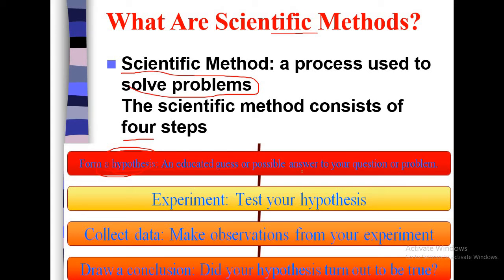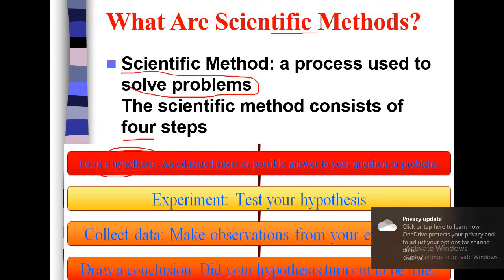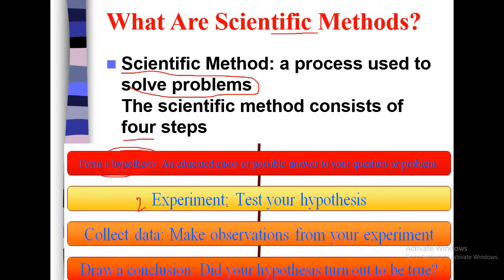Then make an experiment to test this hypothesis. Second, you make an experiment to test your hypothesis, and then collect data. You collect data and make observations from your experiment. You make an experiment and then collect numbers or data from it. Then last step, draw a conclusion.